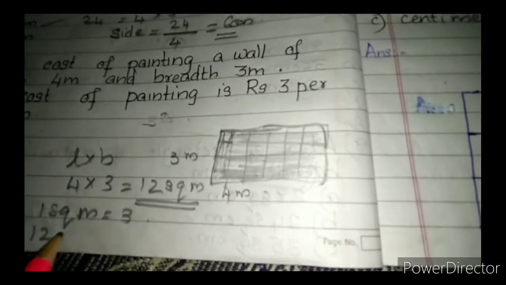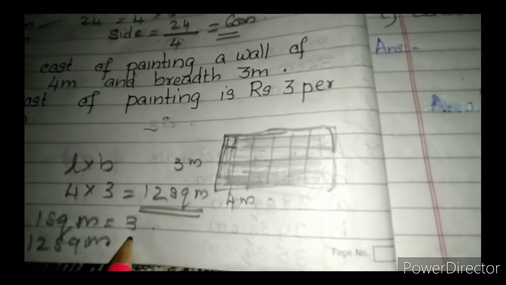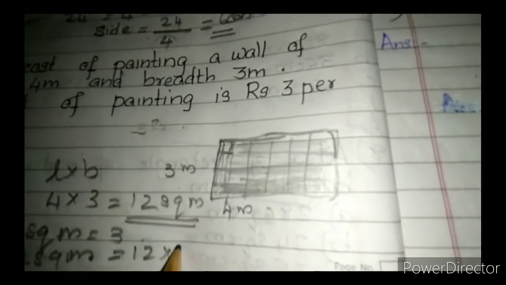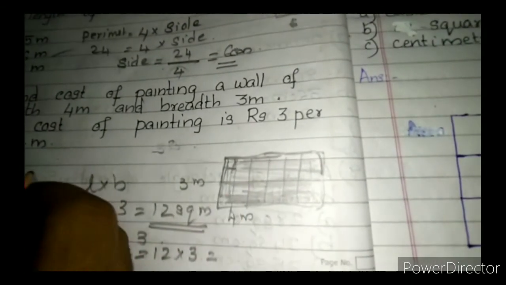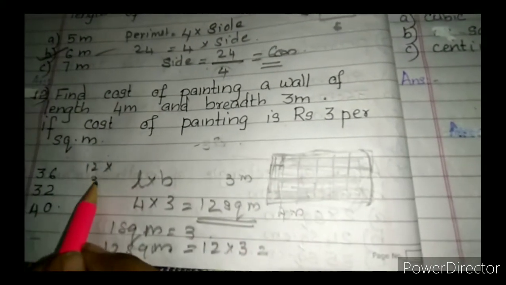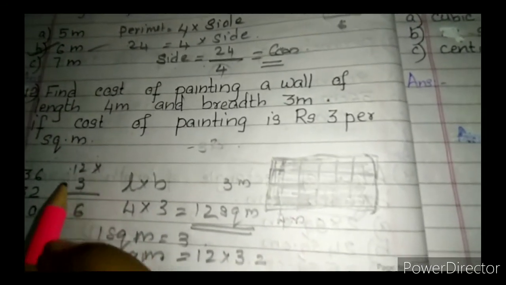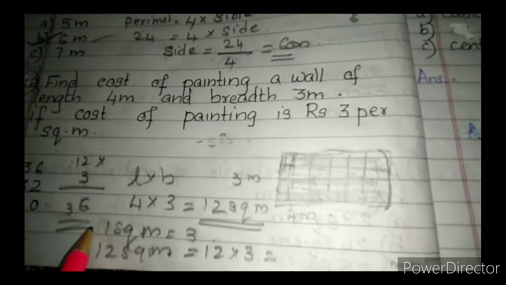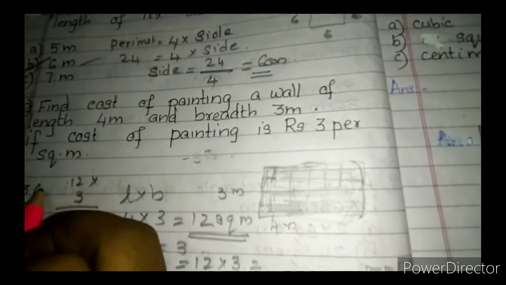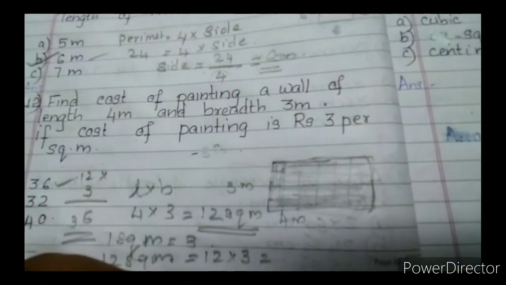We have to find out for 12 square meter. That means 12 into 3. 3 twos are 6, 3 ones are 3. The answer is 36. The cost is rupees 36.